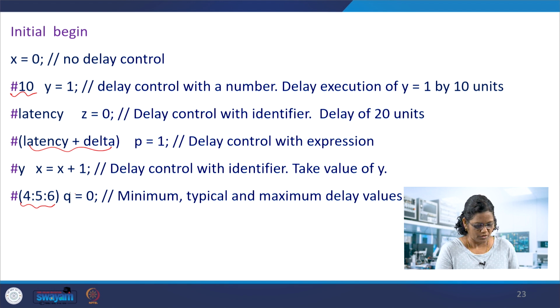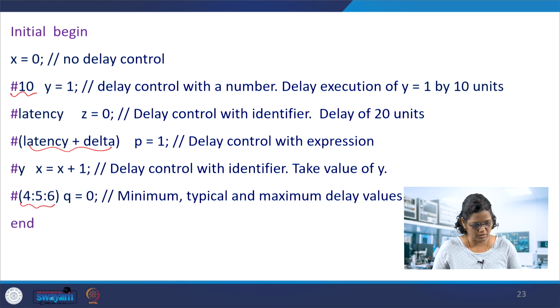Which one will be chosen is described in the gate level model, which we will discuss later. Typically it will use the delay of 5. Minimum it should be at least 4, or maximum it should be 6, to execute this q value. So the delay values can be used.